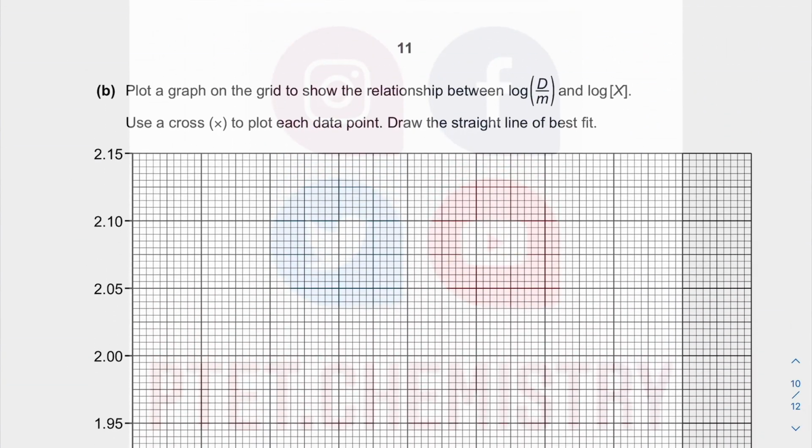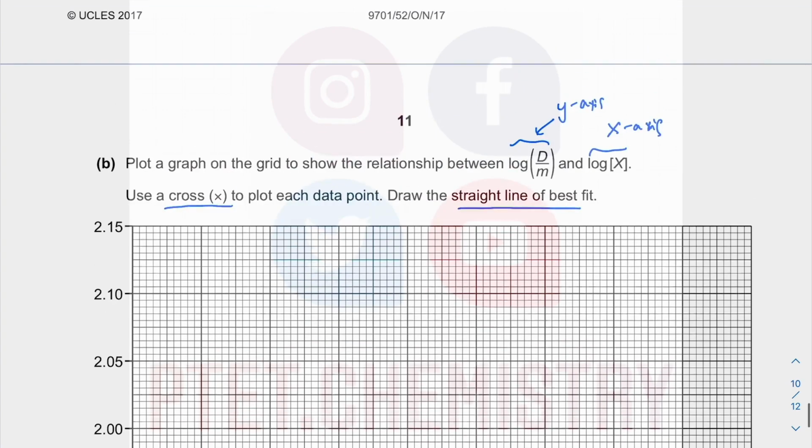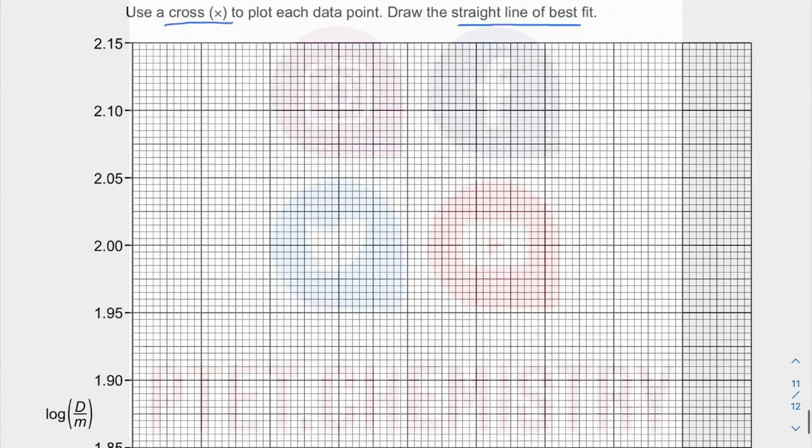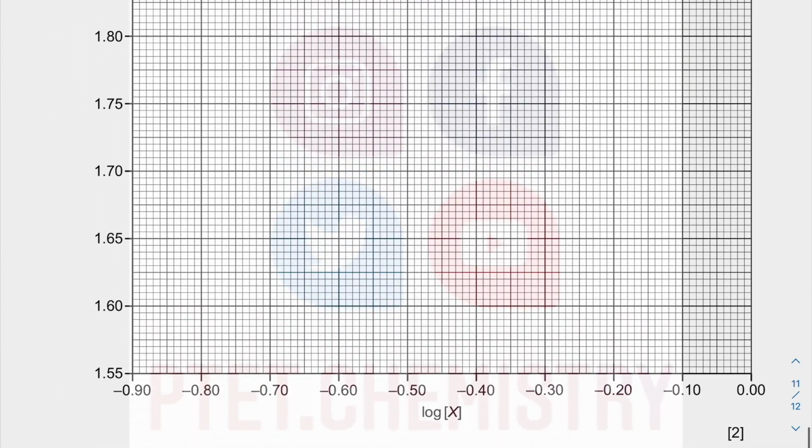Plotting a graph, as we mentioned, that was your x-axis, that was your y-axis. I don't necessarily want to call it x because you already have x there. Use a cross, do not try and use a dot. Draw the straight line of best fit. I'll have my table of results open on another piece of paper because I cannot bother to keep going back and forth, it will make me dizzy. It will make you dizzy looking at the screen as well. This is the part that I mentioned at the start of the tutorial.